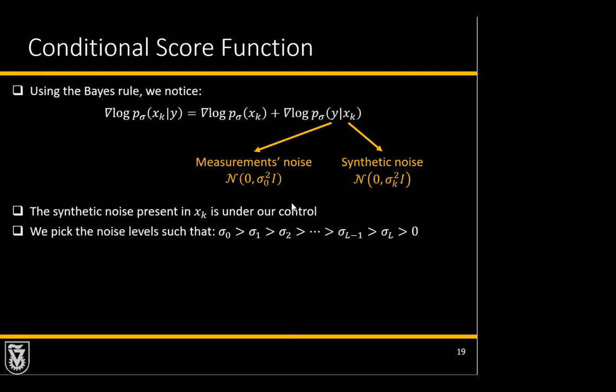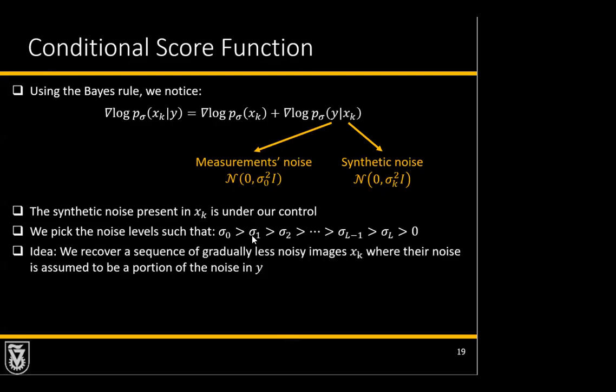So what we'll do, instead of starting from a very high sigma as in the synthesis algorithm, is start from the sigma that we have, sigma 0, and gradually go down to near-zero levels. We'll take slightly less noisy versions, and that's how we will denoise. The idea is basically that we want to recover a sequence of gradually less noisy images. We take the y, the noisy image with the high noise, and we gradually peel more and more layers from it until we get some negligible noise.